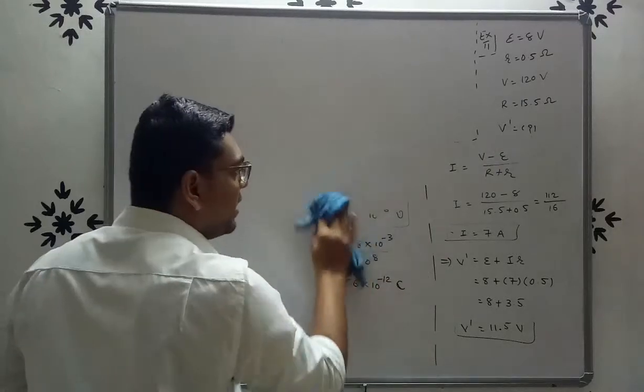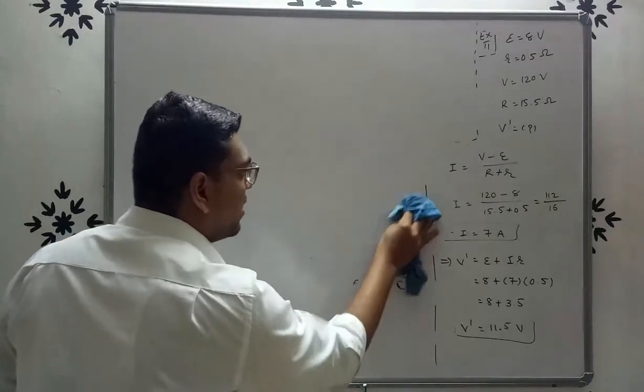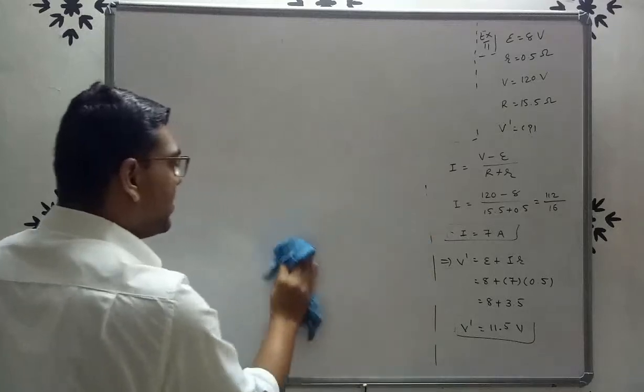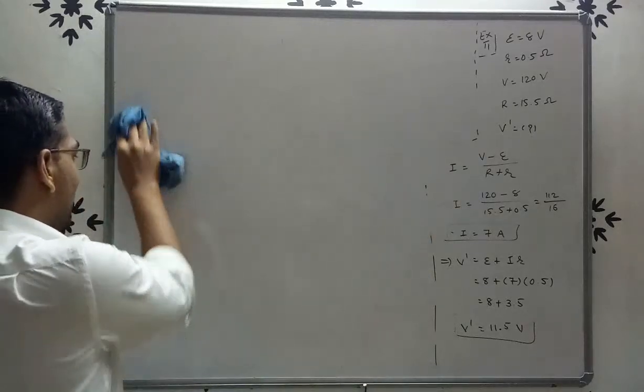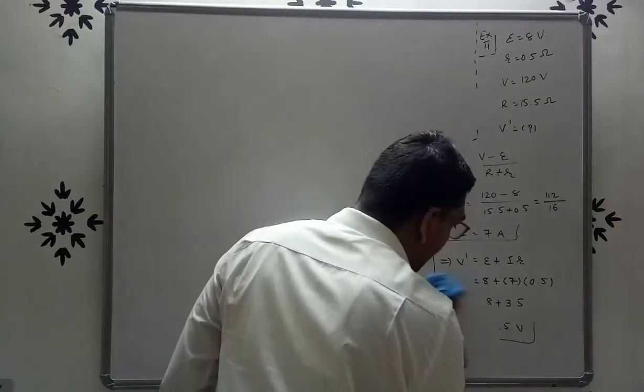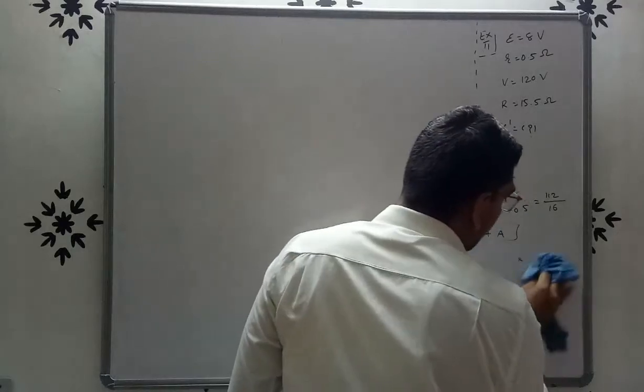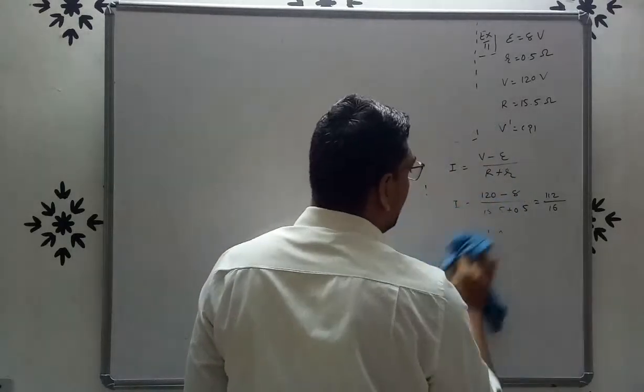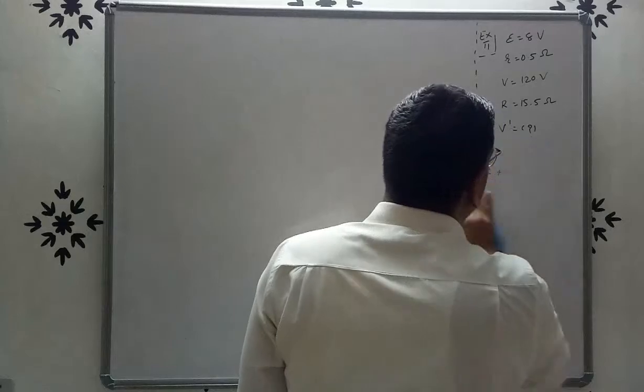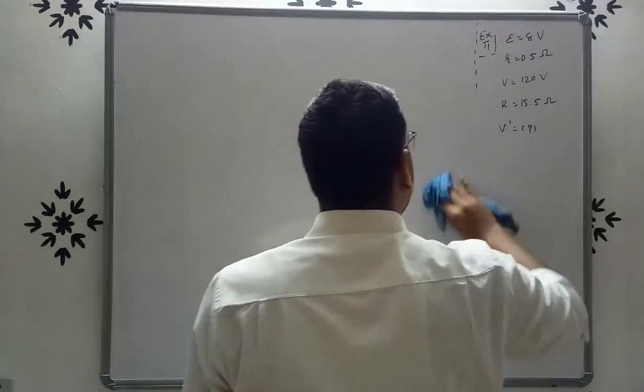And in parallel connection, we know that the equivalent resistance will be 1 by R equivalent is equal to 1 by R1 plus 1 by R2 plus 1 by R3 up to so on, right?